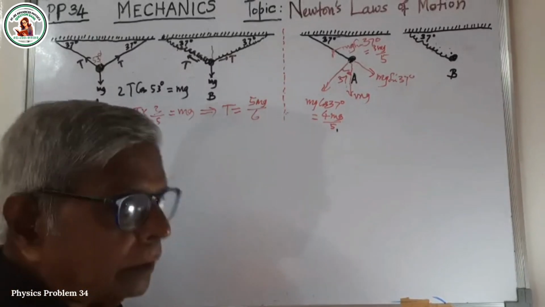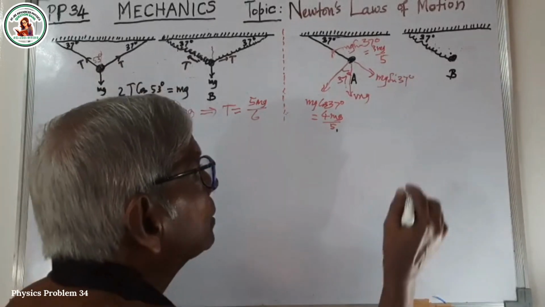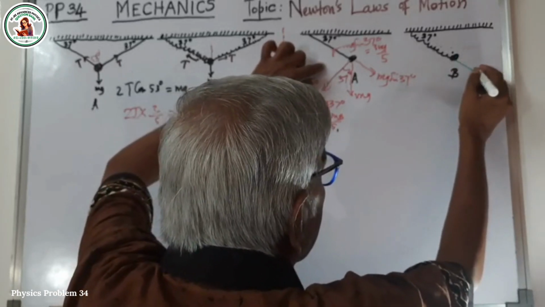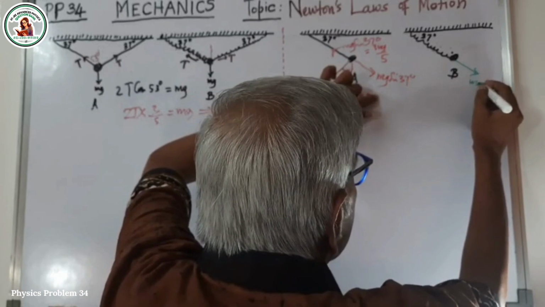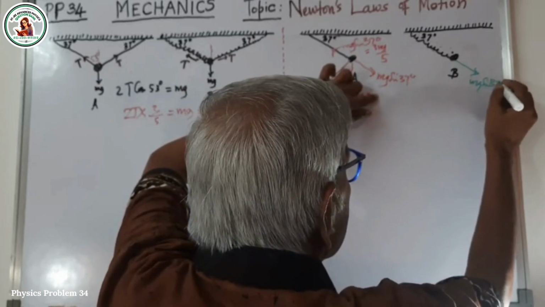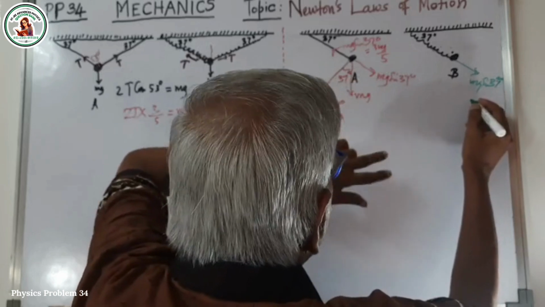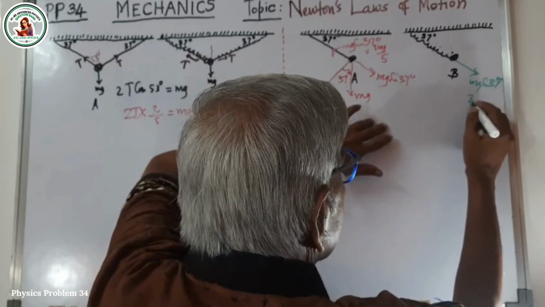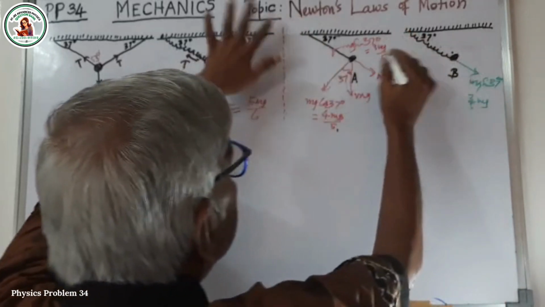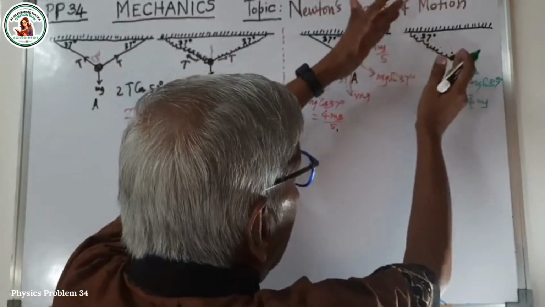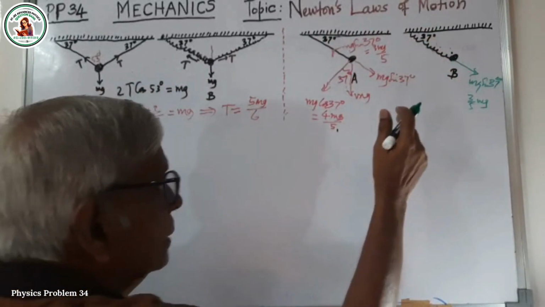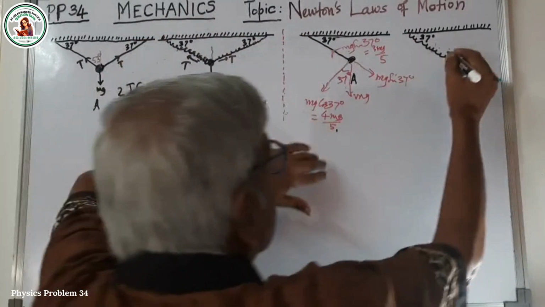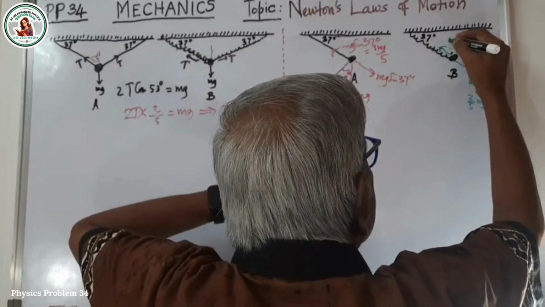Now let us see the situation with the spring. The weight component will still be there, mg sin 37 degrees, which is 3 by 5 mg. The original tension will still remain because the spring has to come to its natural length before it loses the tension. So immediately after cutting, the original tension, which was 5mg by 6, is still there.